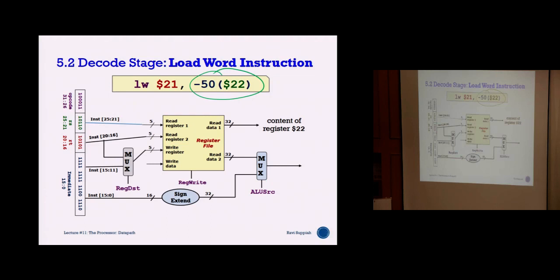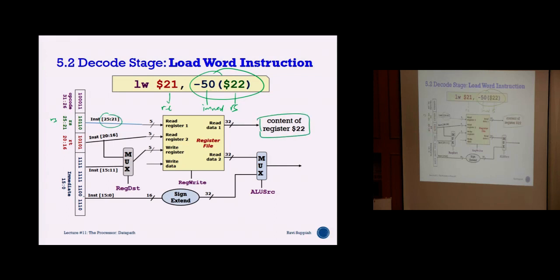Now what do I have here? For the load word instruction, this is my RS, this is my immediate, and this is my RT. Is it the same as just now? It is the same, correct? So you can see that the load word instruction actually is already supported with the current architecture as well. Why? Because my RS is here, which is 25 to 21, which means it comes out here.